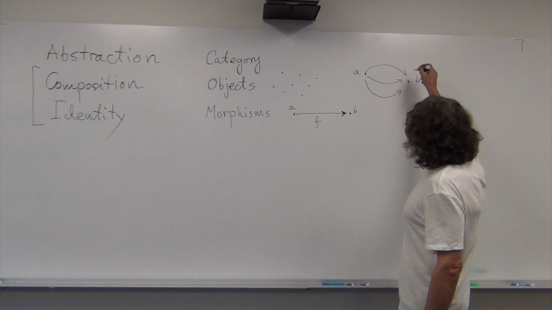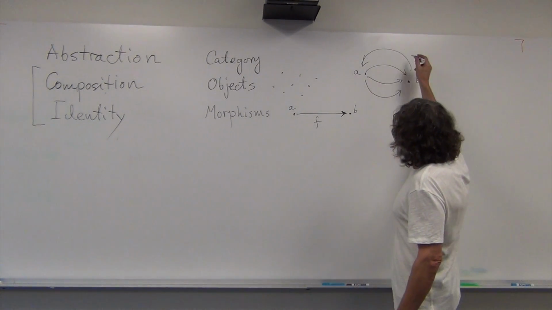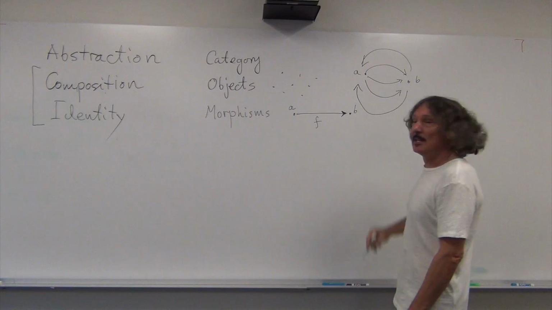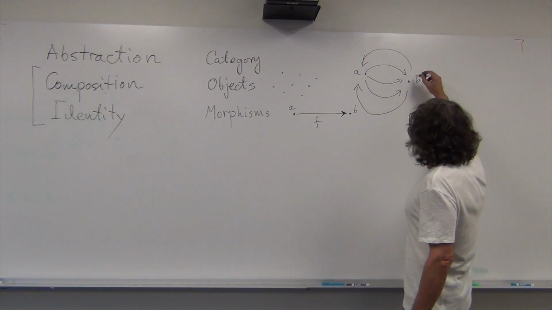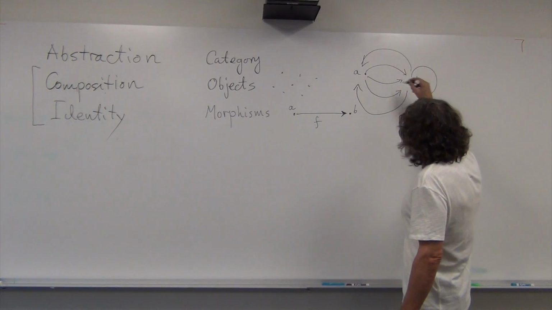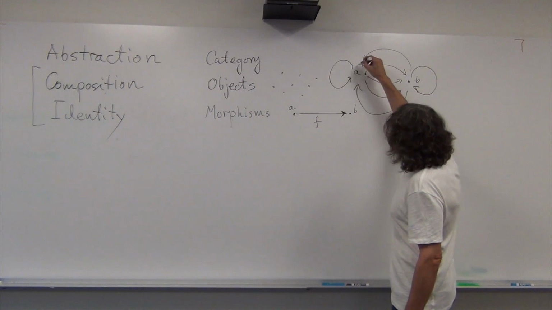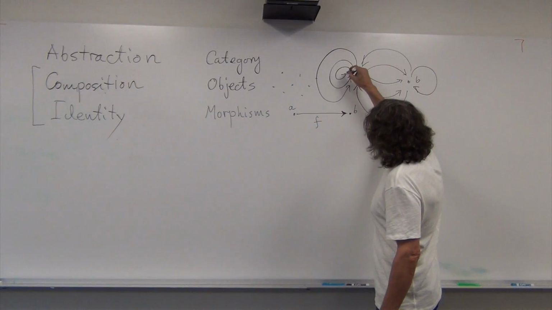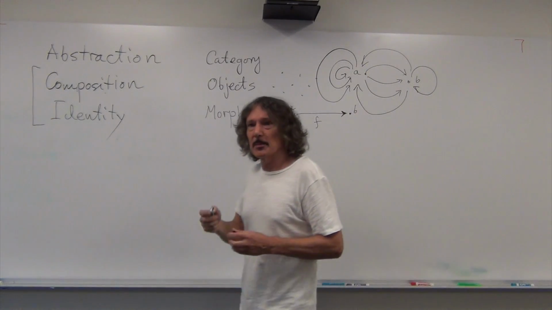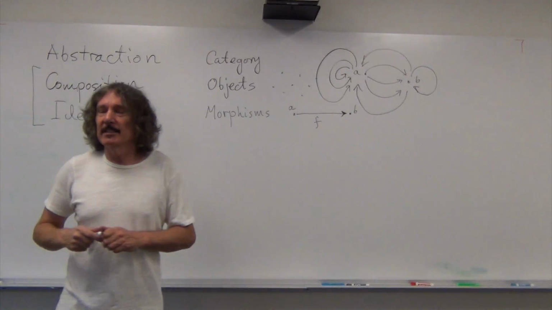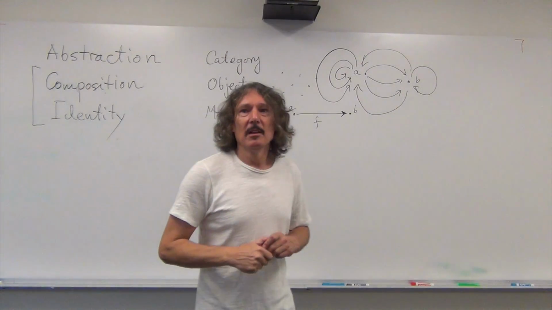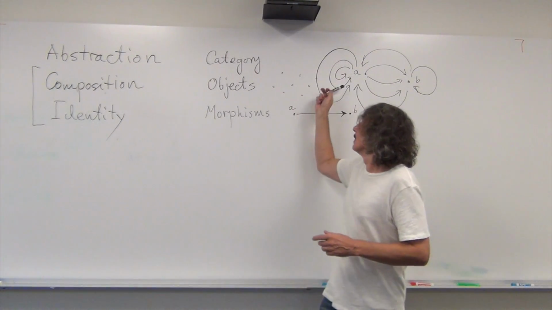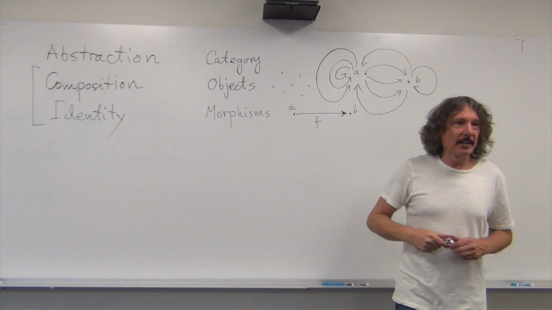And of course you can have arrows going from B to A as well, right? And you can have arrows going from B back to B, or from A back to A. You can have multiple arrows going from A to A, and so on. So all these are possibilities. Sometimes people get stuck and I get questions, like how is it possible that you can have more than one arrow?